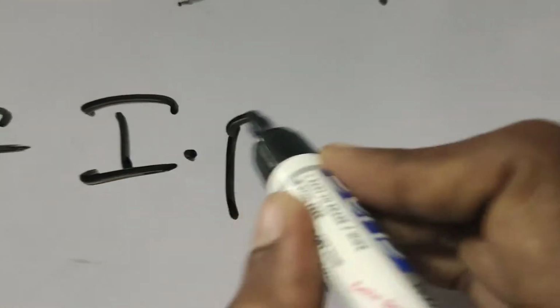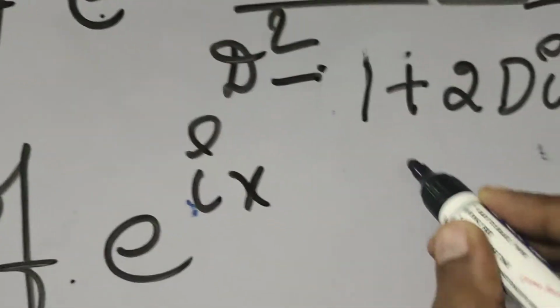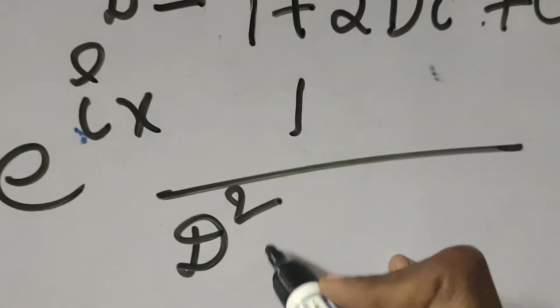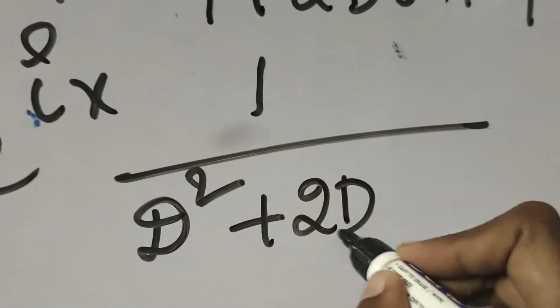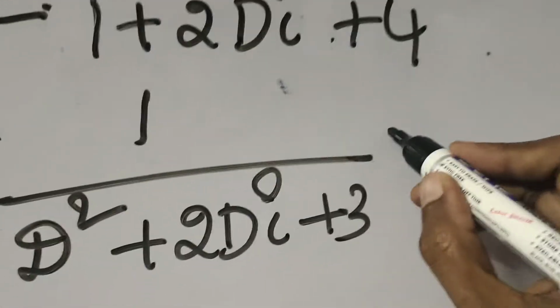Next, the imaginary part of e^(ix) 1 by (D² + 2Di + 3) into x.